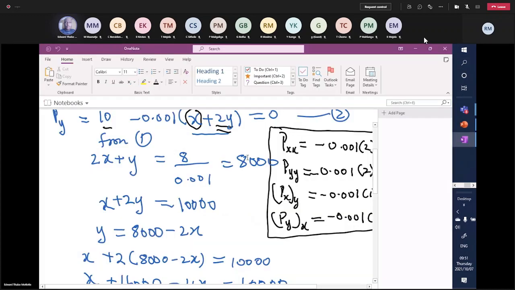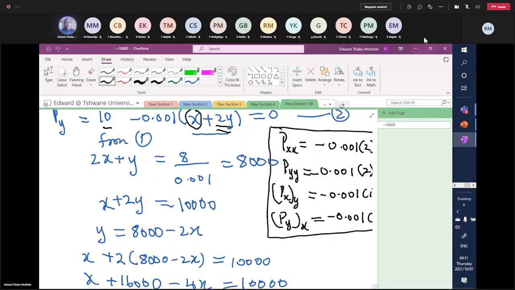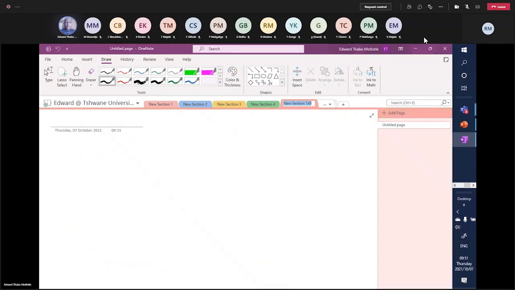Now I'm going to discuss in detail. I'm focusing on explaining the theoretical part. Let's say you are given this function z is equal to f, and f is a function of x and y.